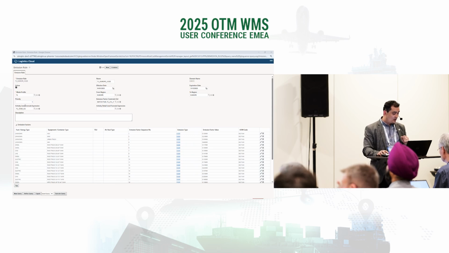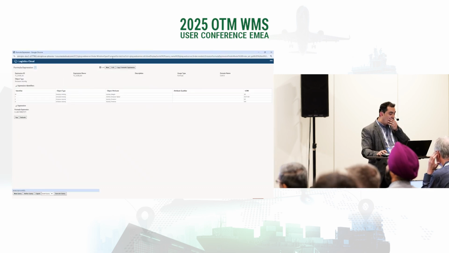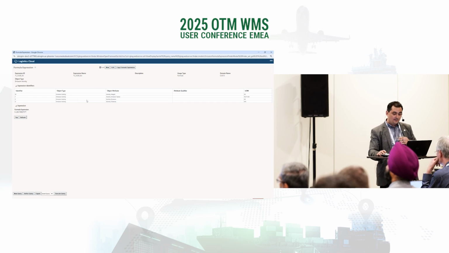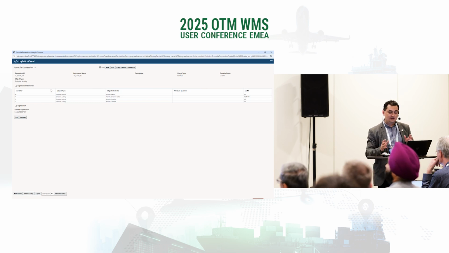In this example, I will open the activity level formula expression. What we can see here is a list of expression identifiers. So it's all the objects that we define, all the objects that will be used in the calculation in the emission activity. The first is weight, weight is always important. We define as F the emission factor that resides in the grid that you saw earlier. And also the distance.